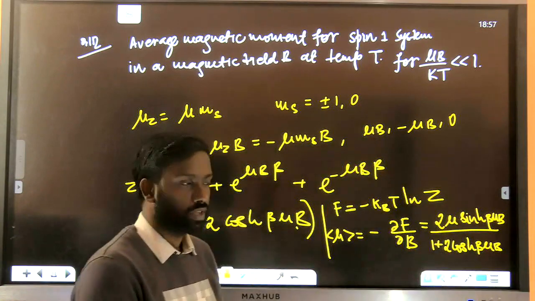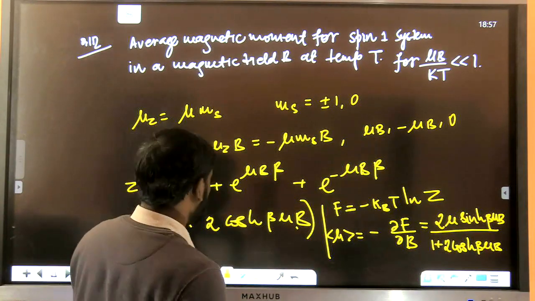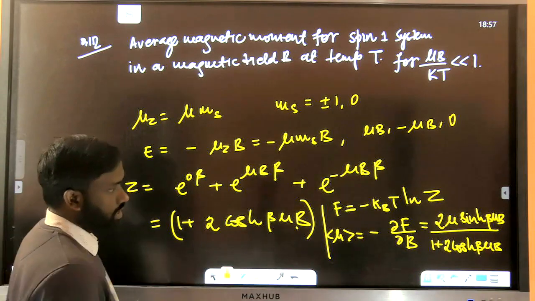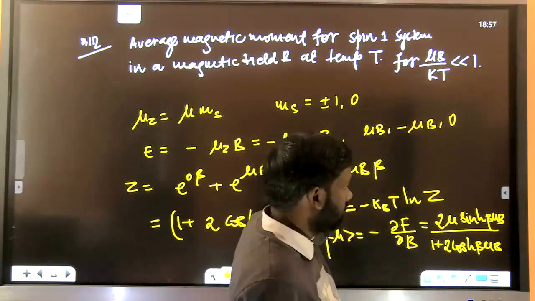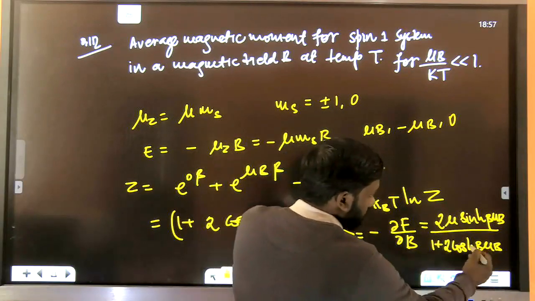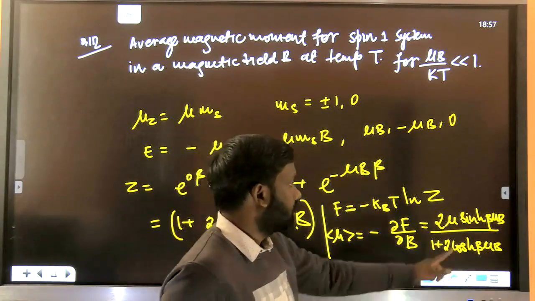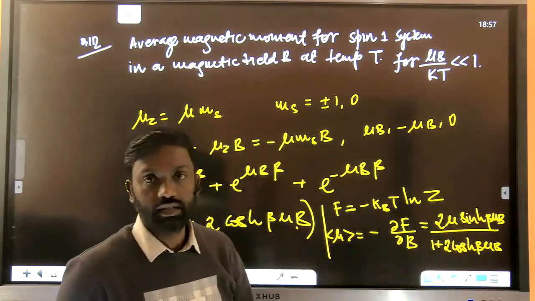That's what you get. Now the condition given was that beta mu b is very small. So if beta mu b is very small, you can write cosine hyperbolic as 1, and the sine hyperbolic term you can write as beta mu b itself.